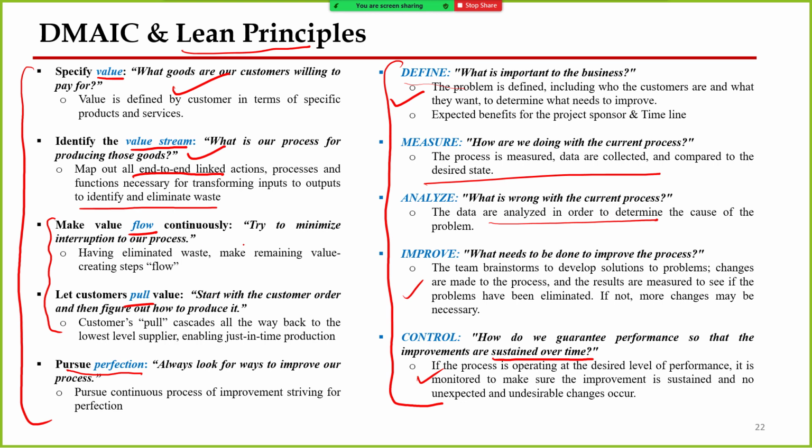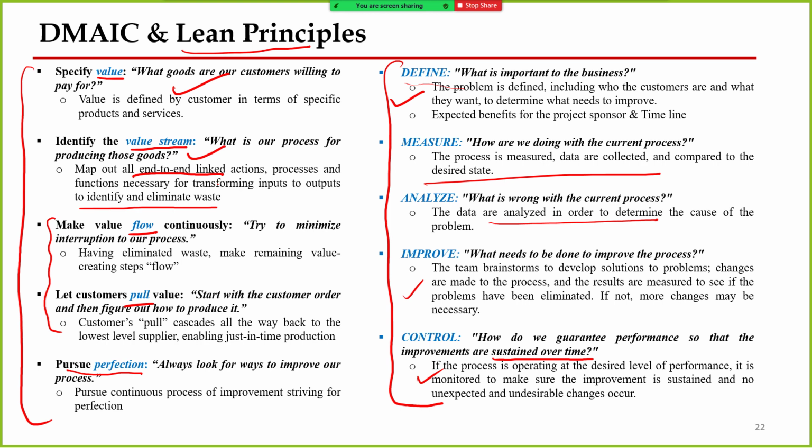So the flow indicates whatever object is moving through your process as an input. If I give the example of a hospital, the patient is the object which is moving through the hospital process. Similarly, if we are talking about manufacturing, the raw material, the product, is a flow unit.